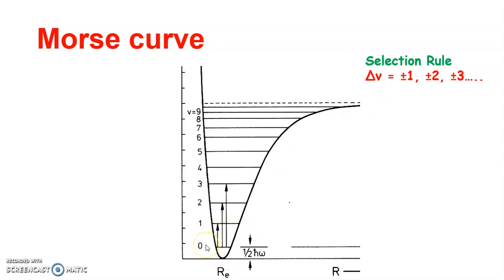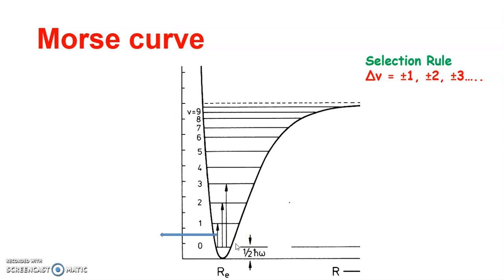But usually at room temperature, most of the molecules are in the ground vibrational state, so the most probable transitions are from the zero vibrational level to the higher states.